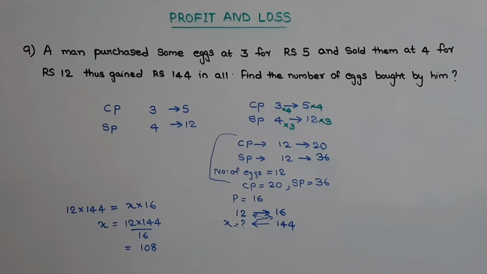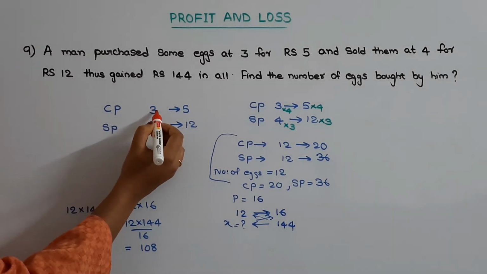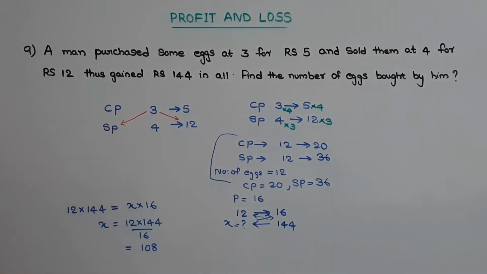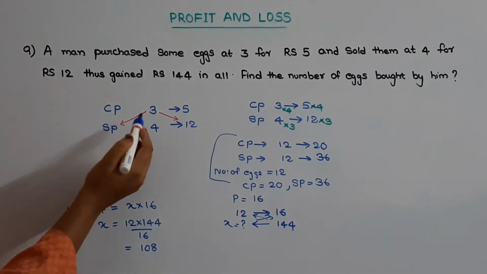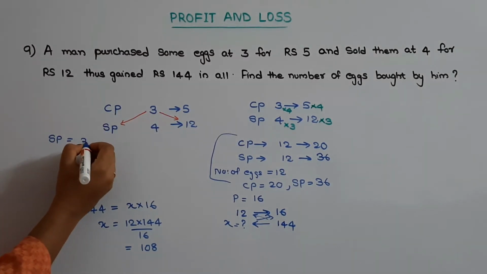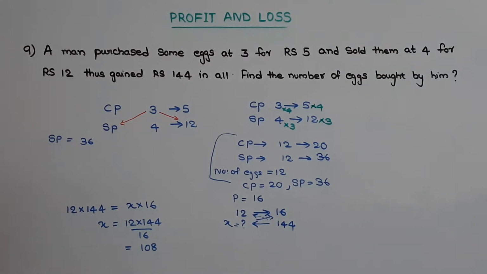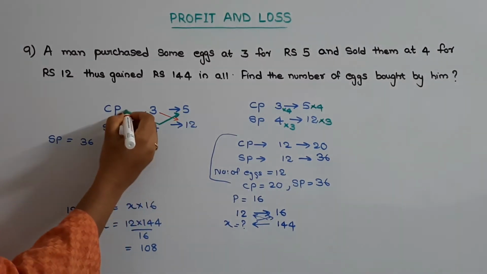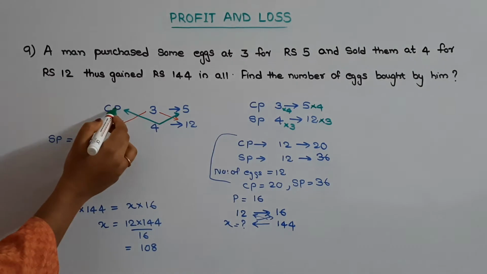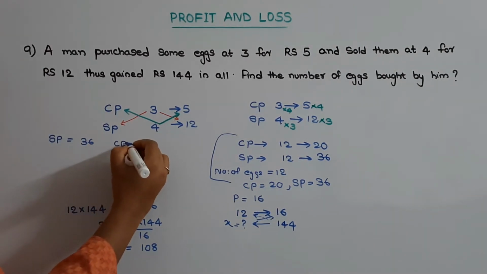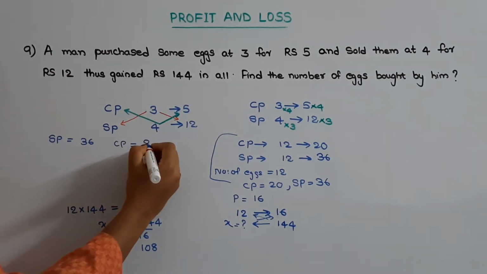Now on multiplying this 3 by this 12, you will get the selling price, that is 3 into 12, which is 36. To get the cost price, multiply this 4 by this 5, so cost price will be 4 into 5, that is 20.